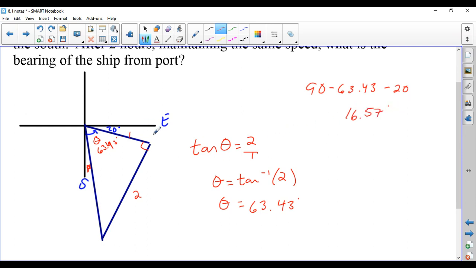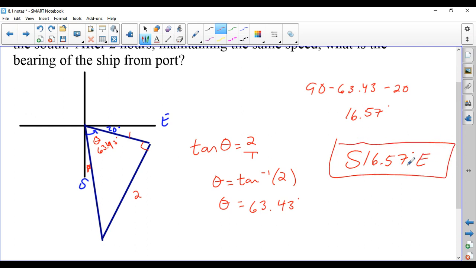The one thing you have to be careful of in these problems is to check if your angle has passed over the north-south line. In this case, we're still in the same quadrant. So we want to give our final bearing from the port. We're in the southeast quadrant, so it is south 16.57 degrees to the east. And that is bearing.